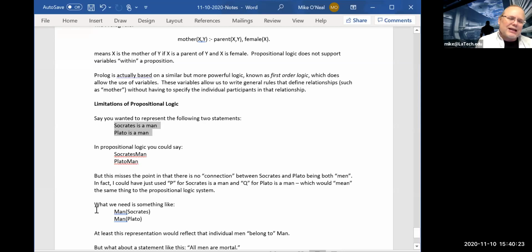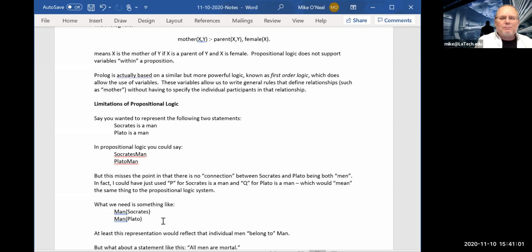What we want is to say something like this. The relation man, Socrates is an instance of that. Also of the relation man, Plato is an instance of that. So if we did that, we could say that man Socrates was true and man Plato was true. We're now telling the system that Plato and Socrates are instances of the relation man, or of the class man.